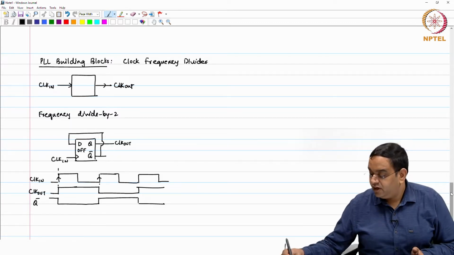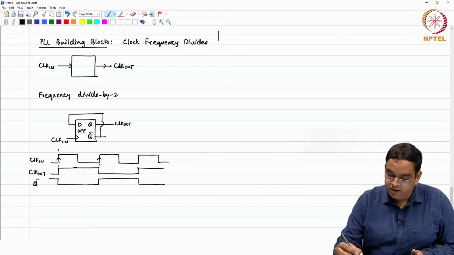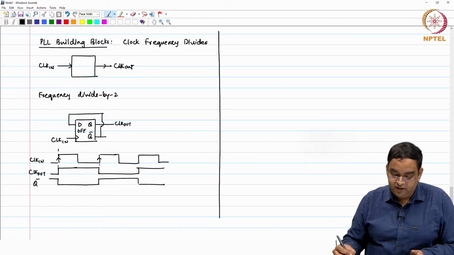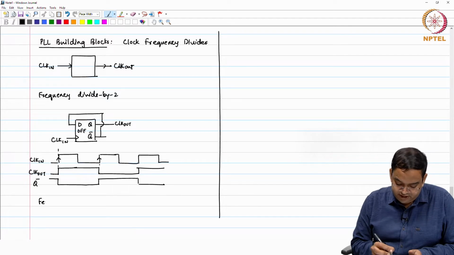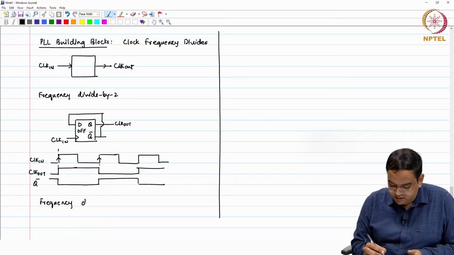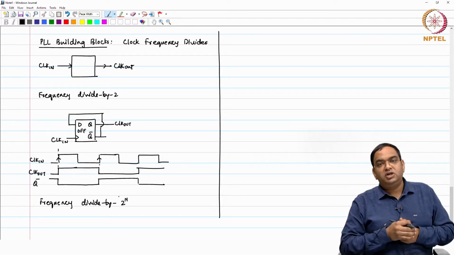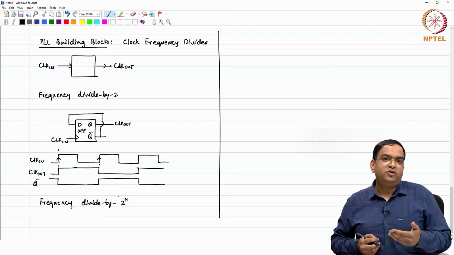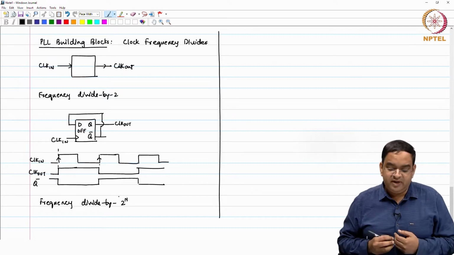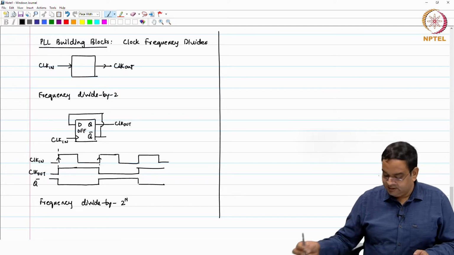Now, if you want any frequency division of exactly 2 power n, whether n is 1, 2, 3, 4, it is like divide by 2, divide by 4, divide by 8, divide by 16 and so on, you can cascade these blocks.